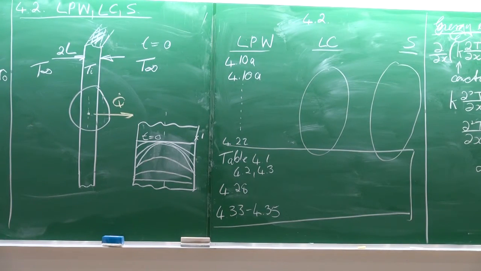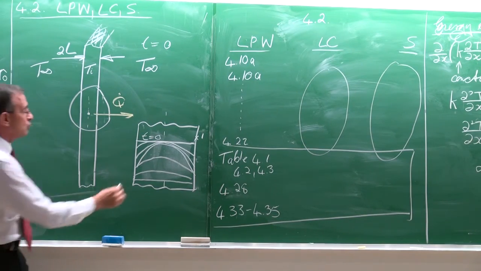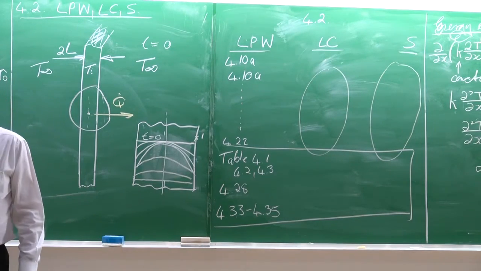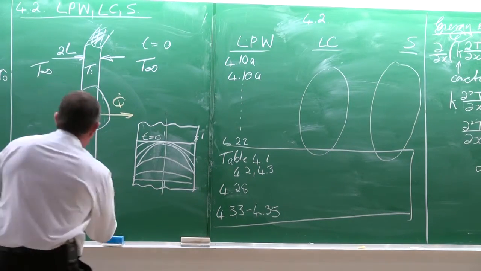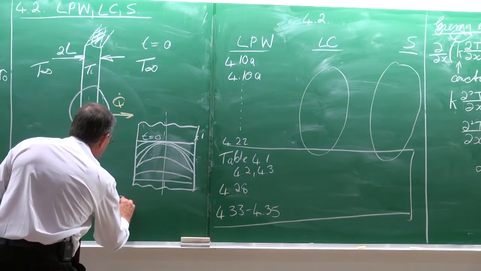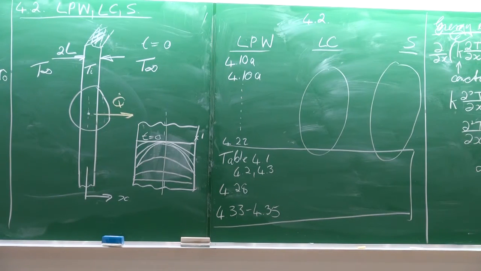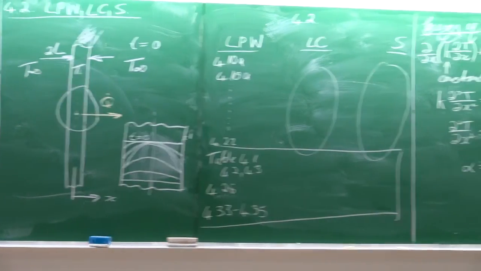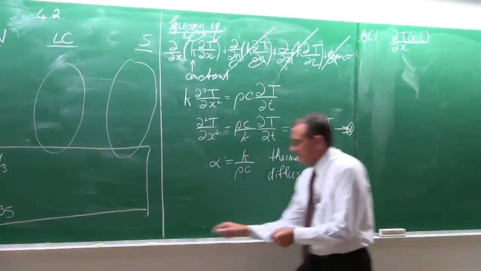Do you agree? Now the thing that is very important here is there's a boundary condition, because the gradient at x equals 0, so we call that x equals 0, that point there, there's our x. The gradient there is equal to 0. Do you agree? So where x is equal to 0, the gradient is equal to 0.